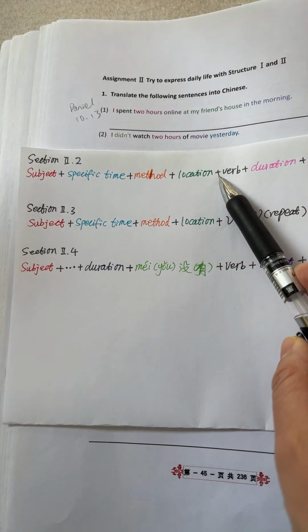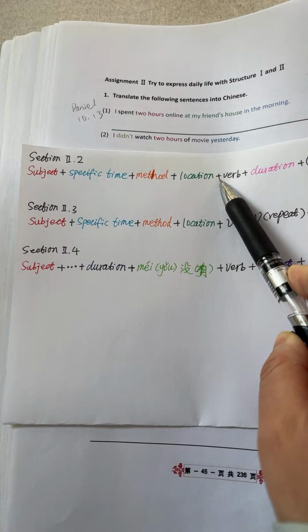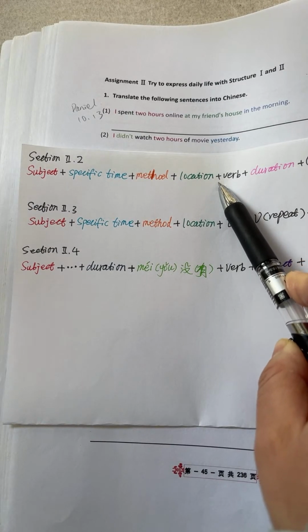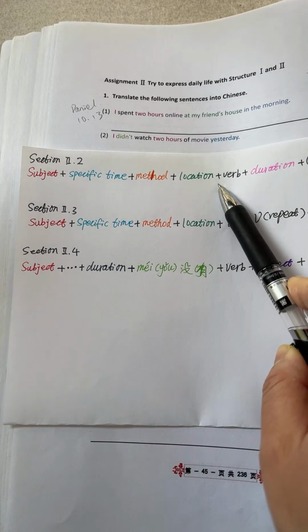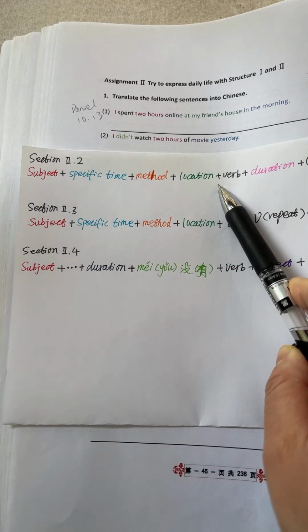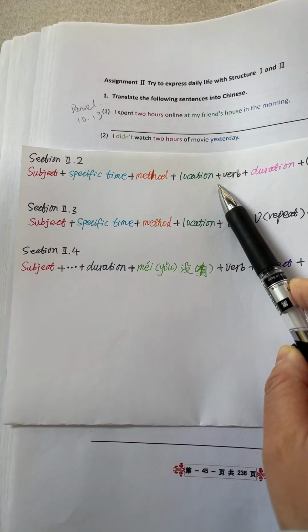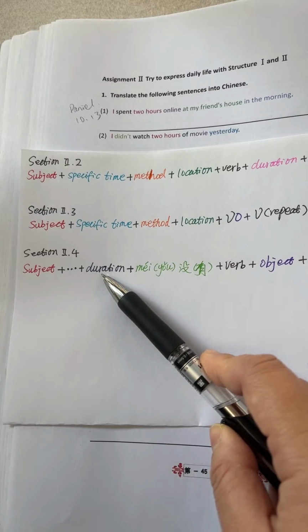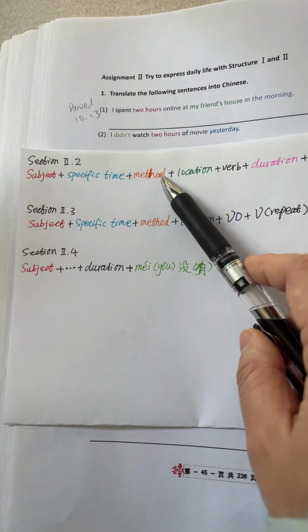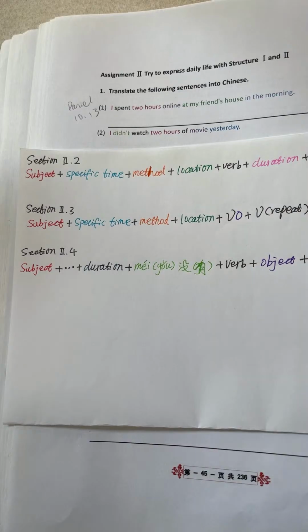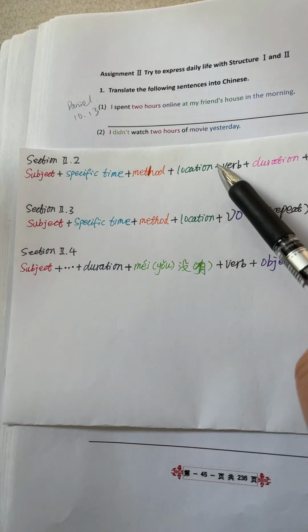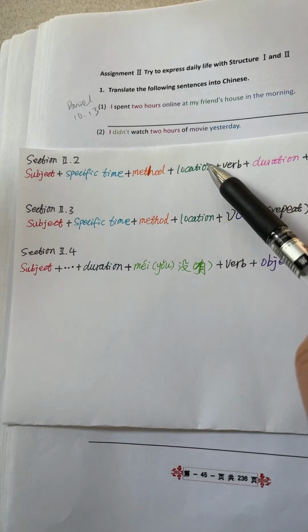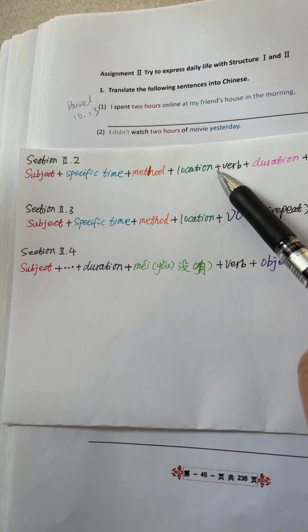We add a 没 here, and 没 precedes the verb. Just now we said, I haven't done something for a period of time, I didn't do something at all. Then we follow this one. If I didn't do something, we use this pattern, but we just deny it. We put a negative word before the verb.